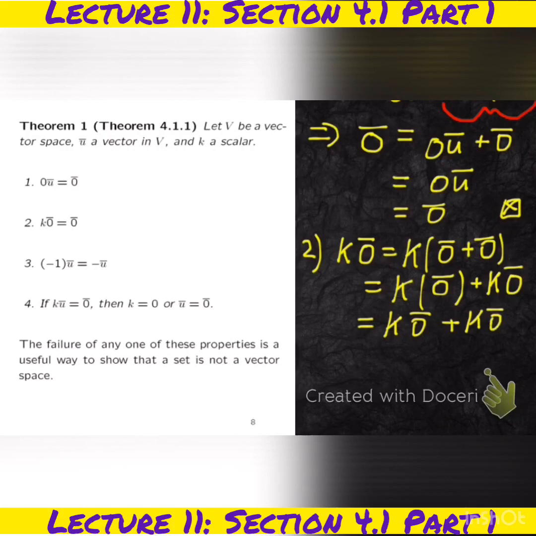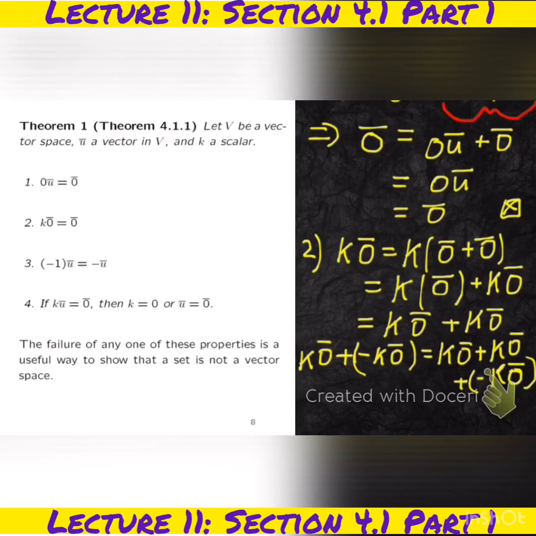And again, you apply on both sides. You add the negative of a vector, which we know exists because this is a vector space. What you do on the left, you must do on the right. So you must add the negative of the vector. Again, adding a vector to its negative is always the 0 vector, and this is also going to be the 0 vector.